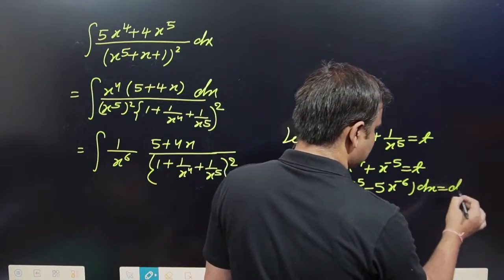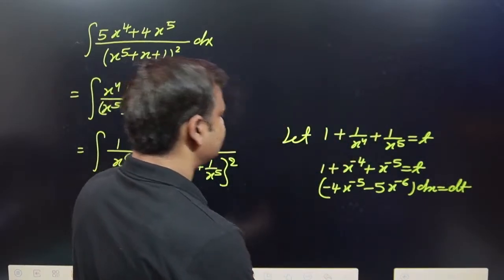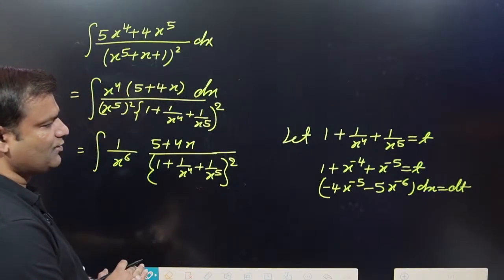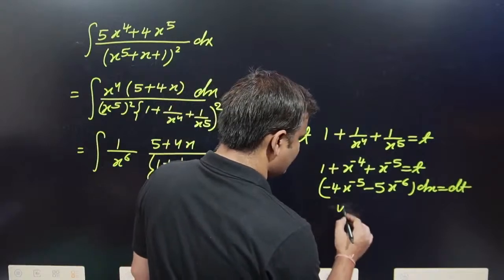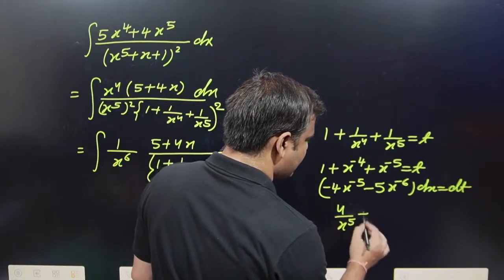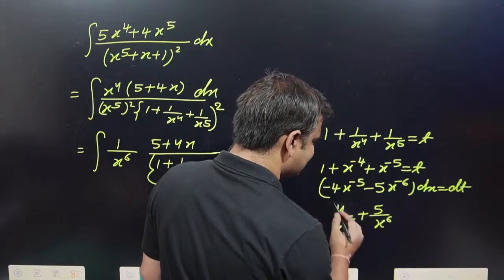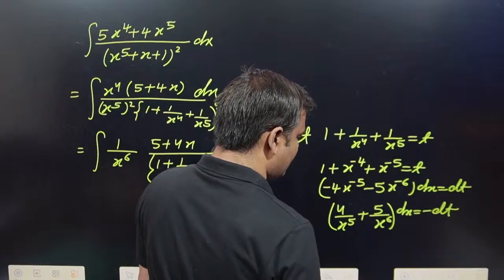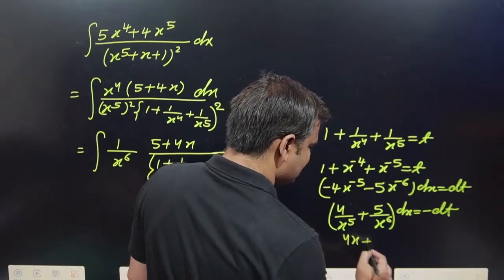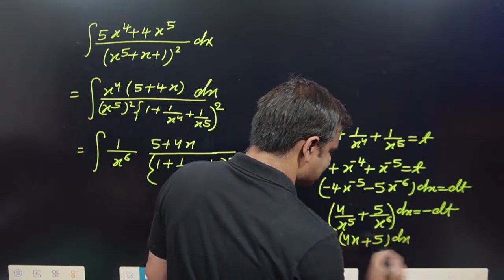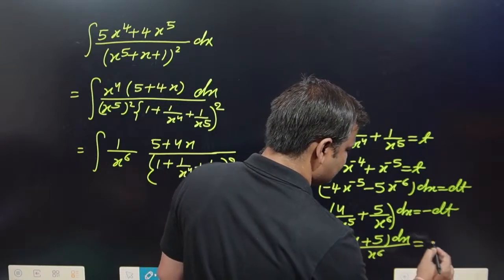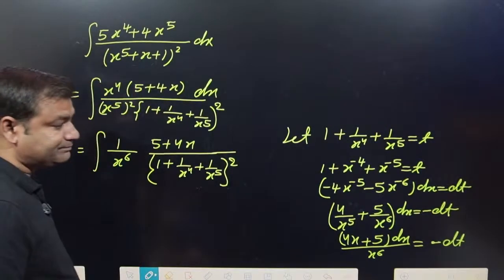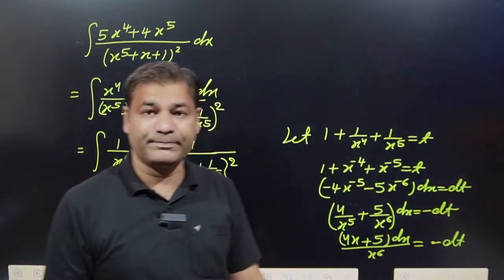This will equal dt. Okay, now it is clear. So (4 upon x to power 5 plus 5 upon x to power 6) dx equals minus dt. Now after that, this one is written as (4x plus 5) into dx divided by x to power 6, replaced by minus dt.